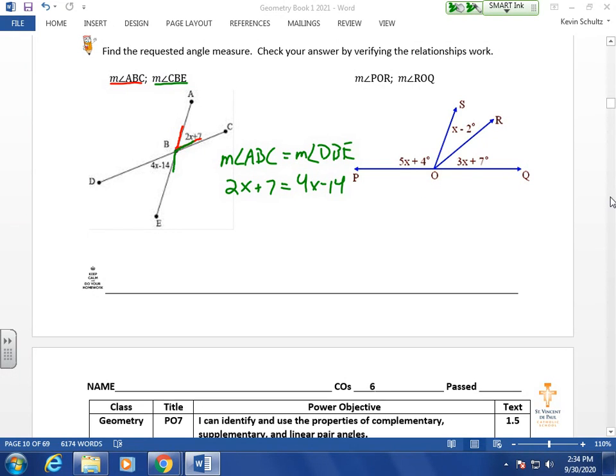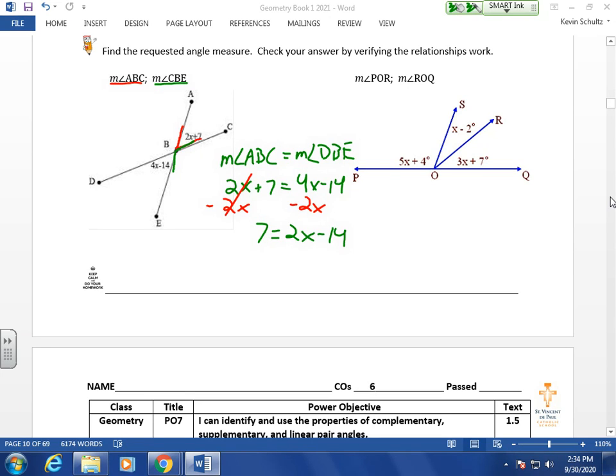This has variables on both sides. So if you remember, with variables on both sides, we have to put all of our variables on the same side. Some people like to always keep their variable term positive, so they'd move the 2x over to the right side by subtracting 2x from both sides. Cancel that out. You have 7 equals 2x minus 14.